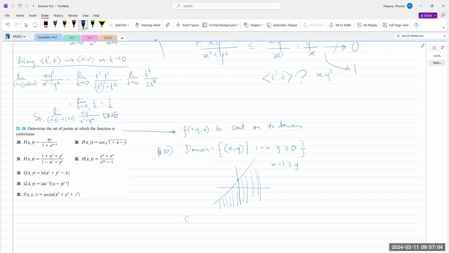So continuous on (x, y) where y is less than or equal to x plus 1.